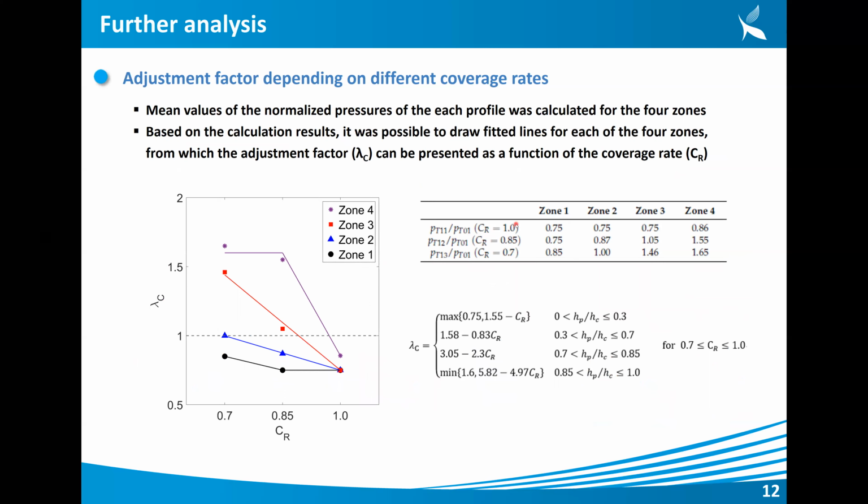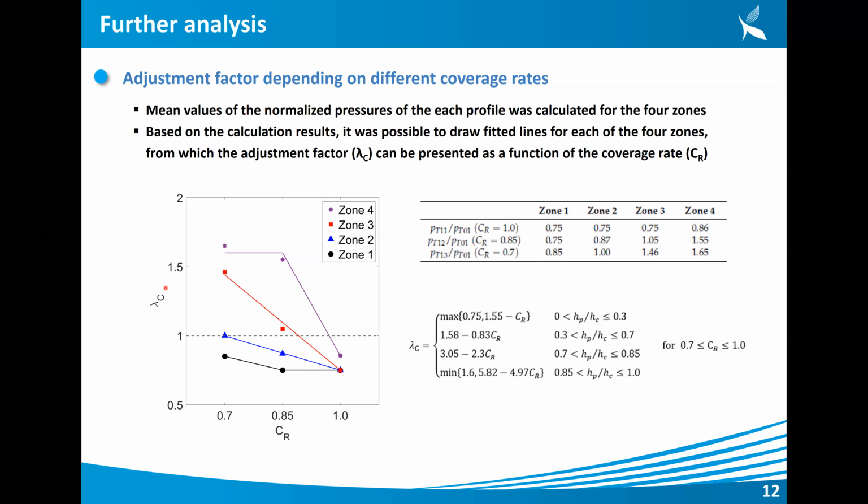The table here shows the mean values of the normalized wave pressure of the 4 zones. These values are presented in the figure on the left. Here, CR is the coverage rate and lambda C is the adjustment factor. Lambda C is basically equivalent to the values of the normalized pressures depending on the coverage rate.